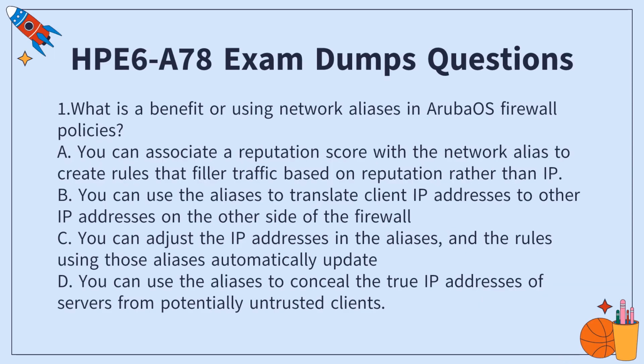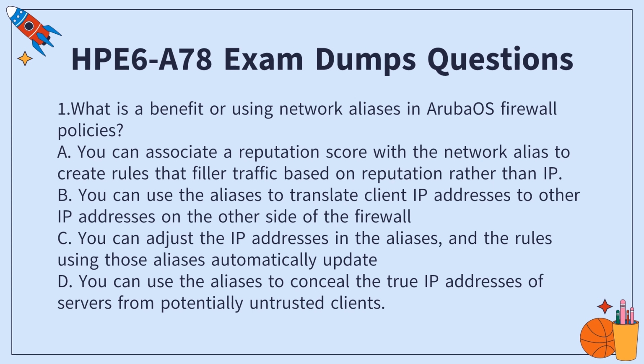1. What is a benefit of using network aliases in ArubaOS firewall policies? A. You can associate a reputation score with the network alias to create rules that filter traffic based on reputation rather than IP.